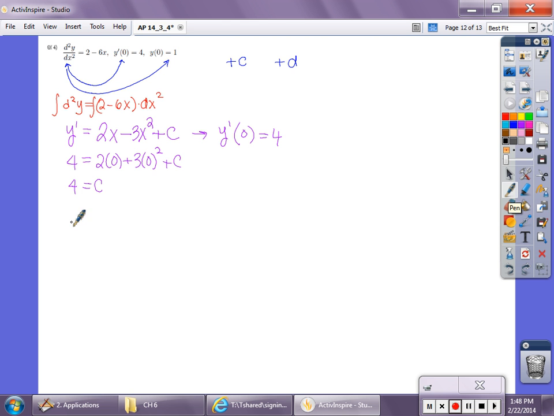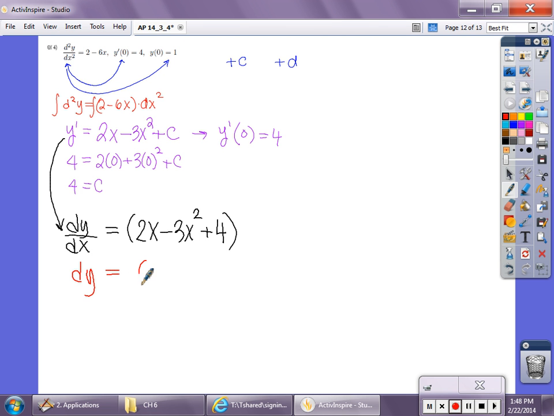Instead of writing y prime, I'm going to go back to the notation of dy dx, and I'm going to write 2x minus 3x squared plus 4, since my c value was 4. So you do actually have to solve for your c value before you try to do the second integration. Next, I'm going to multiply the other side by dx, and then I'll integrate.